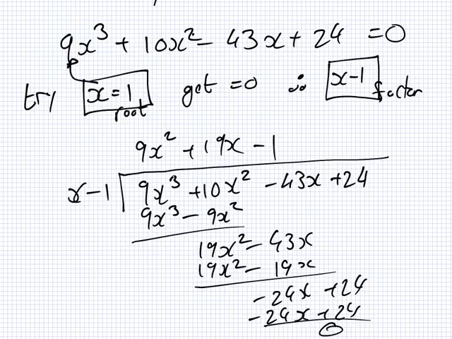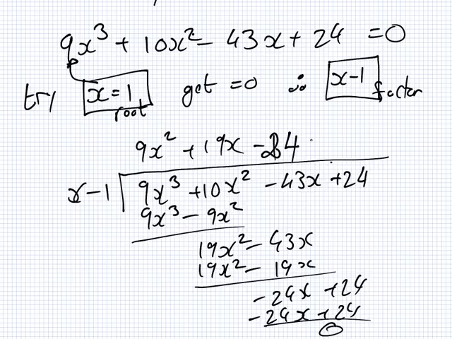So how do I get the other two? Did I do that right or too fast? Why minus 1? Minus 24. In my head I thought of 24, but I wrote 1. Okay, minus 24. How do I get the other two?